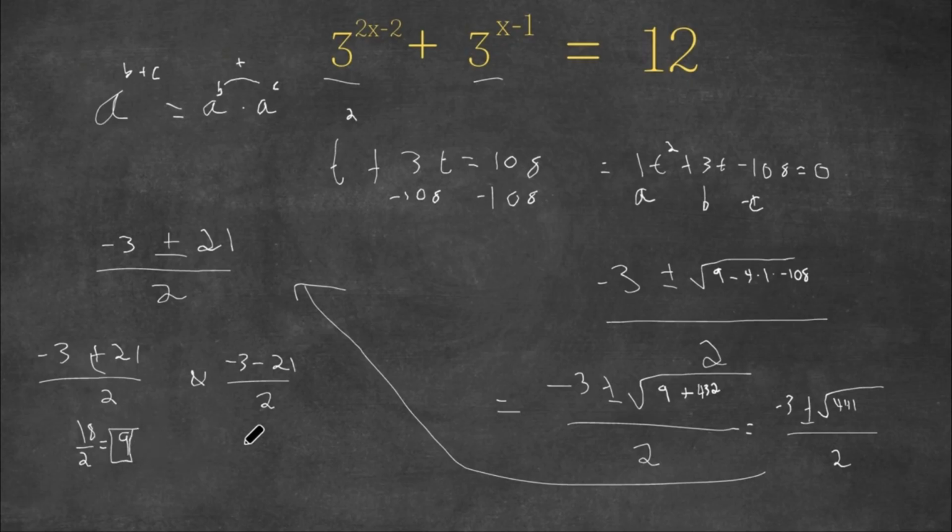So that's one answer. And negative 3 minus 21 is negative 24 over 2, which equals negative 12. So that's another answer. So now we know that t equals 9 and negative 12.